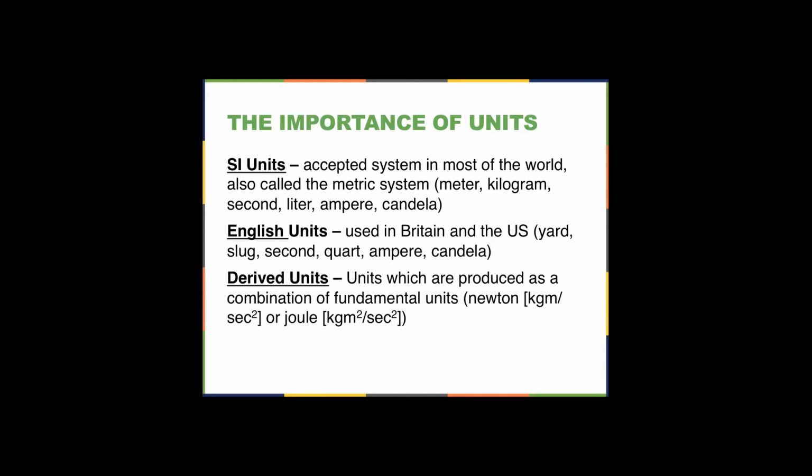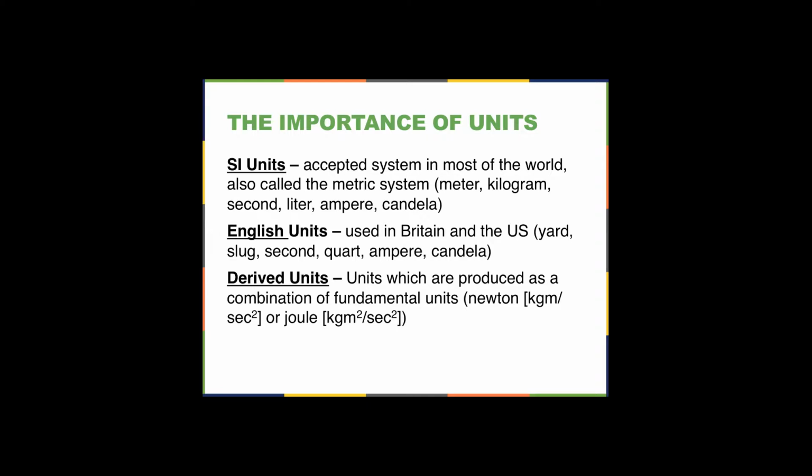Now, derived units are units that are produced by a combination of fundamental units. For example, acceleration, which is the increase in velocity divided by the time it takes to increase the velocity, and velocity being the distance covered over time.